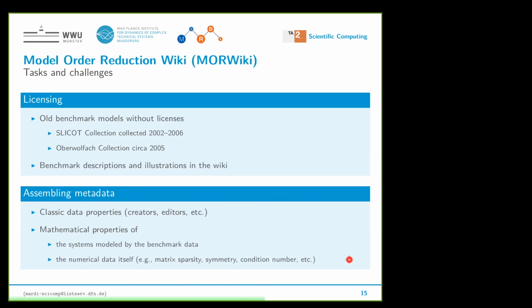So the question is always what to make mandatory, what to make optional, and which properties are actually interesting for people. And that's where community feedback is obviously, again, very, very necessary.